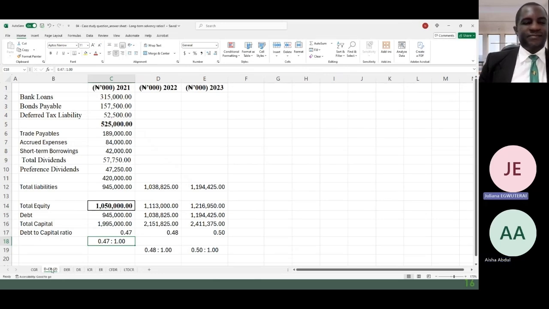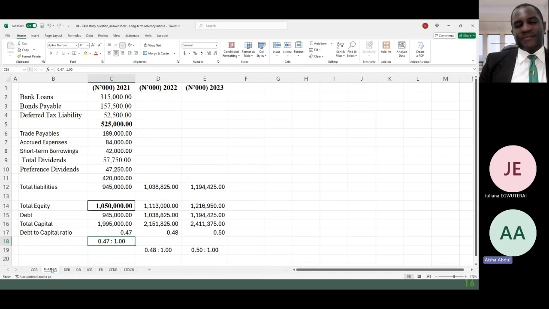So for banks, if you have 90%, 99%, most of their funding is external. So that industry is highly geared because the capital is intensive.